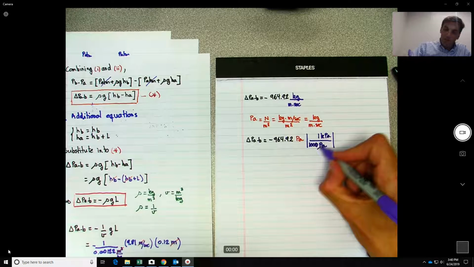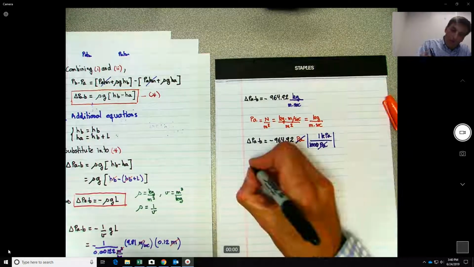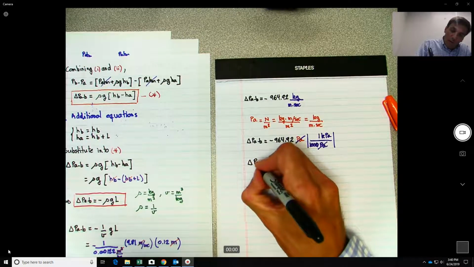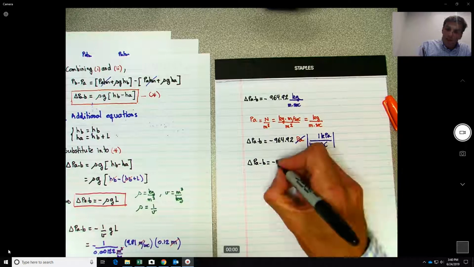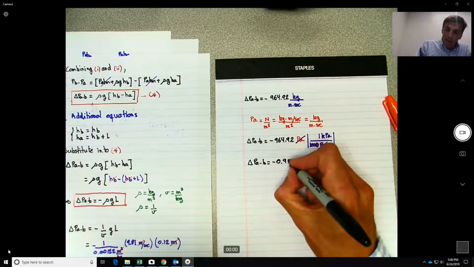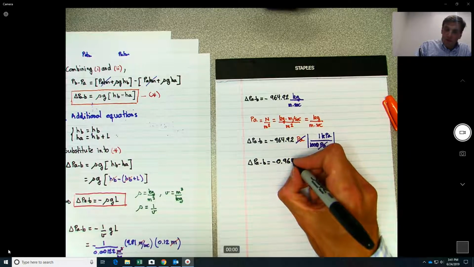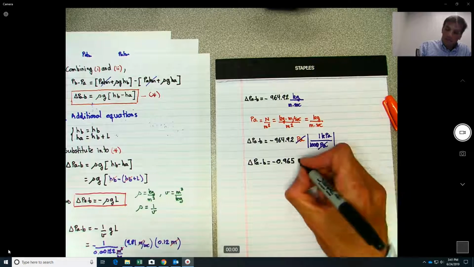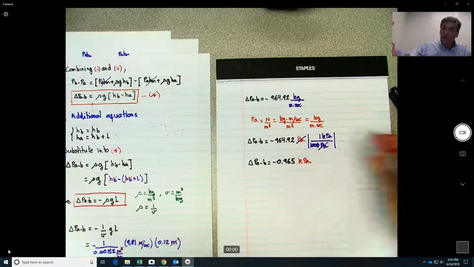That way you see this one will cancel this one. So at the end what we have is that the change in pressure will be equal to negative 0.965 kilopascals.